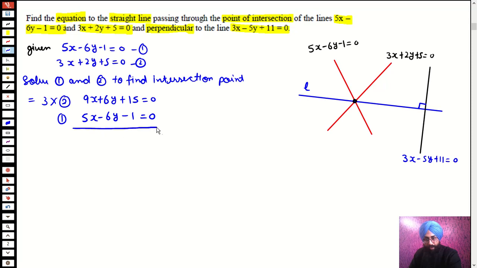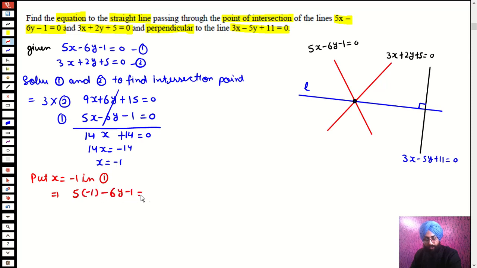Now when you add these two, the y terms will cancel out. 15 minus 1 will be 14, and here also it will be 14x. So 14x is equal to -14, and x comes out to be -1. Now we put this -1 in one of these equations. So put x = -1 in equation number 1. 5 multiplied by -1 is -5, then -6y, then -1, equal to 0.